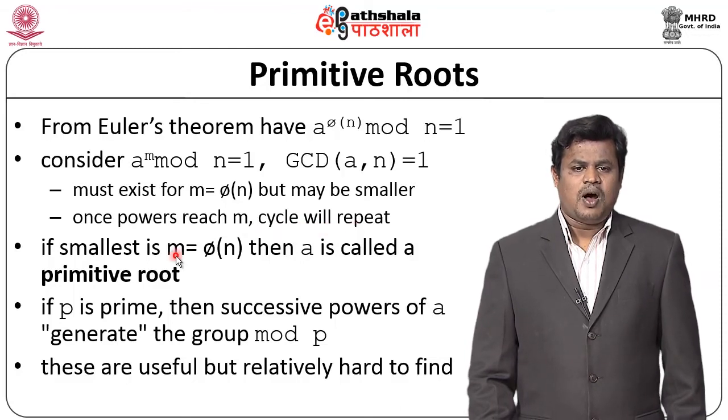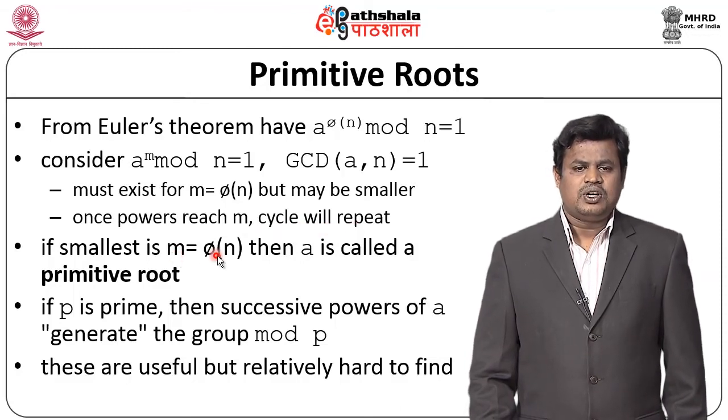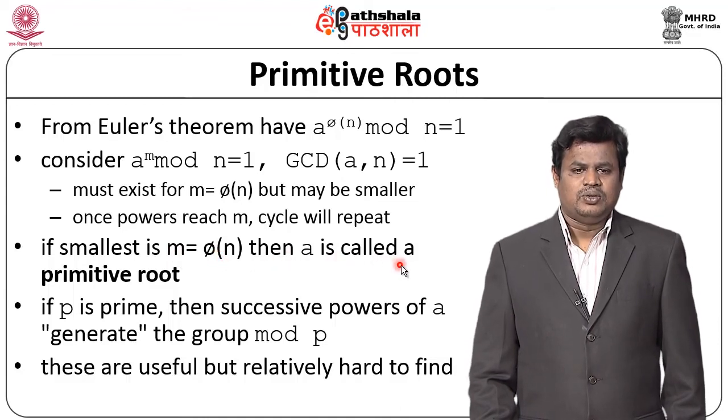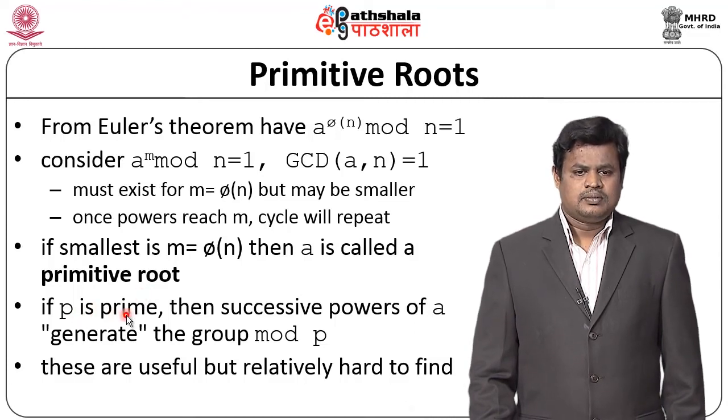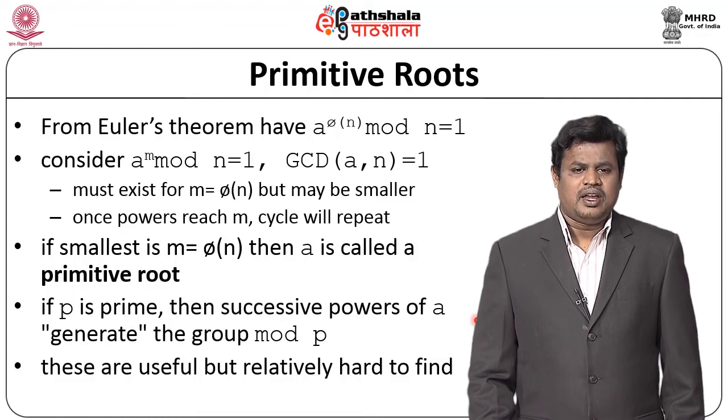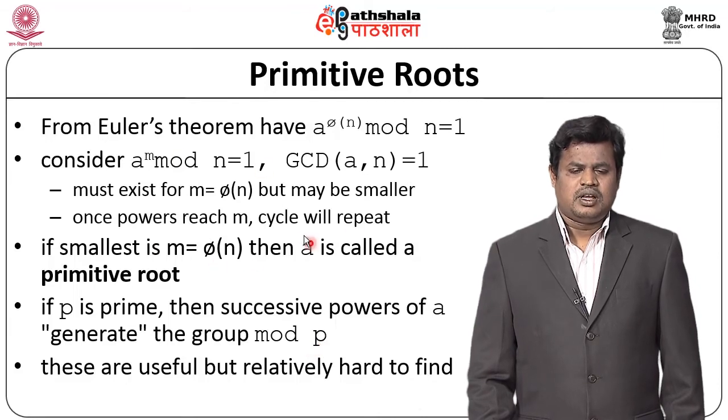So if the smallest m is equal to phi of n, then a is called a primitive root. We have to choose this primitive root in order to exchange their public information. If p is a prime, then the successive powers of a generate the group mod p. That is why they use this for exchanging their public information.